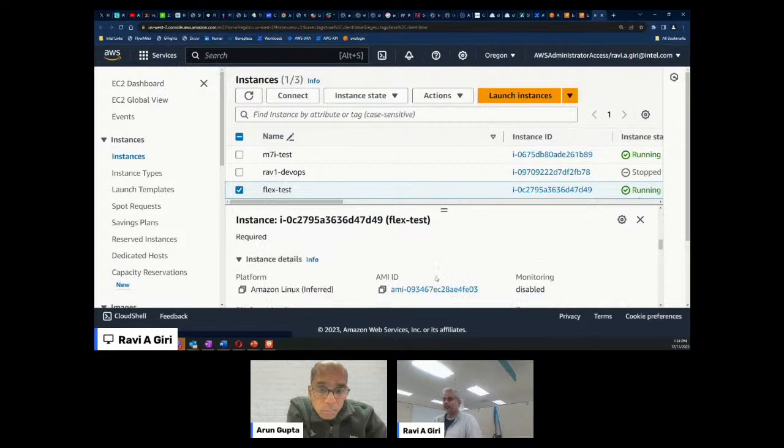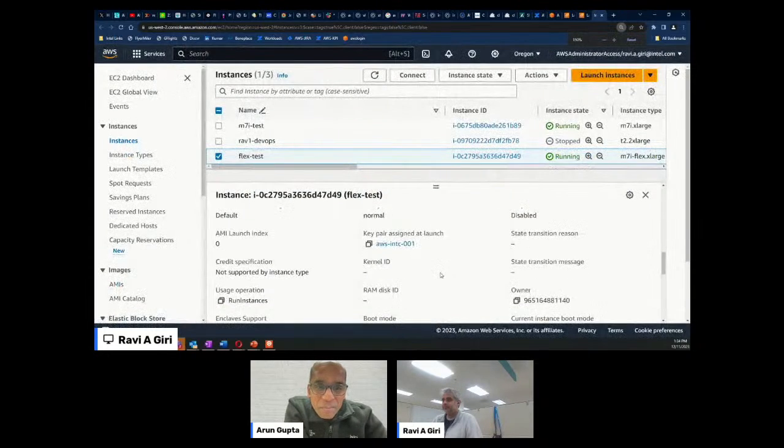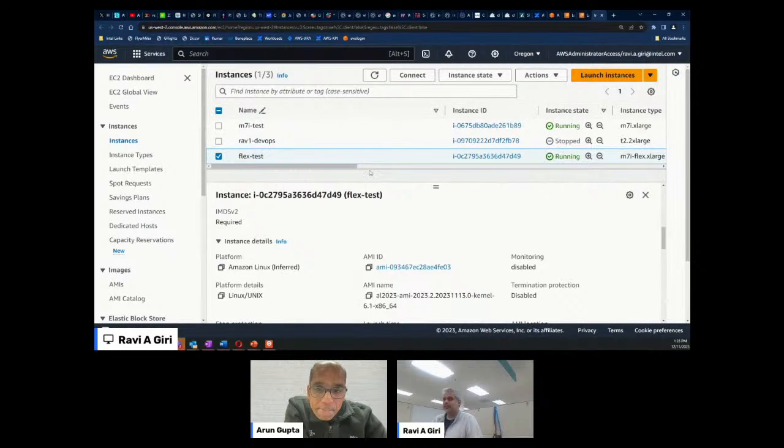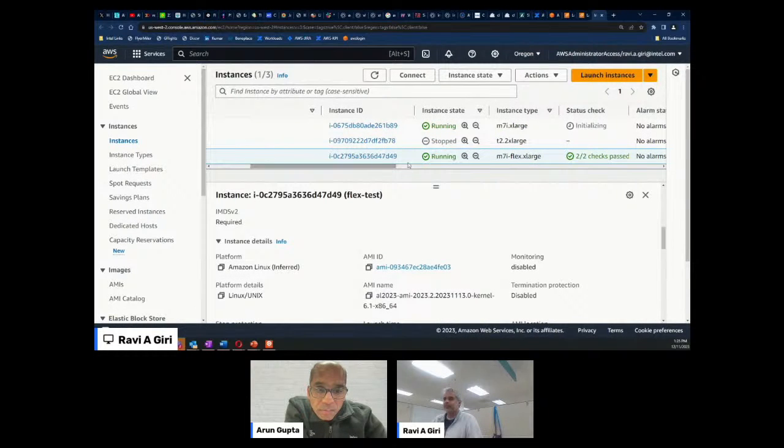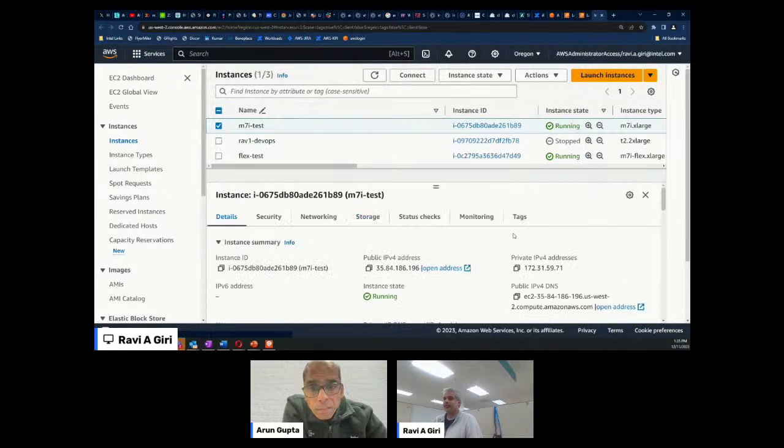I think this is too large for me, but anyway. So we have m7i.large and m7i-flex.large. We've already connected to the Flex, so I'm going to connect to the M7i test. Okay.